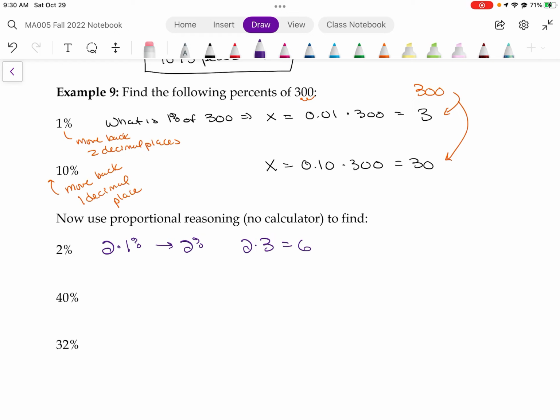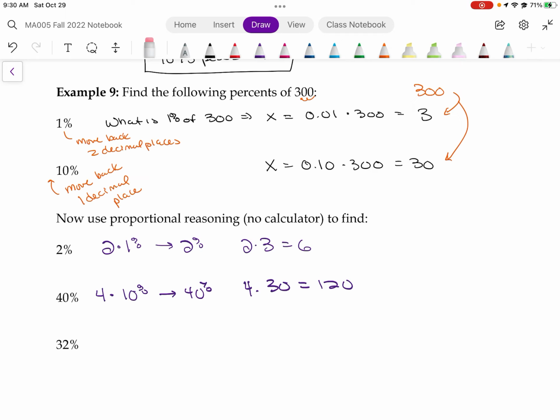Well, move the decimal place back 1 to get 30. So 40% is 4 times 10%. So 4 times 30 is 120. So 40% of 300 is 120.